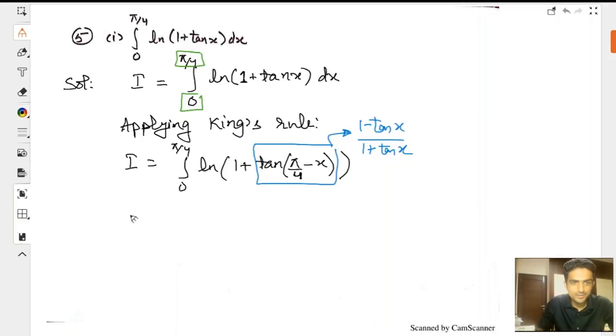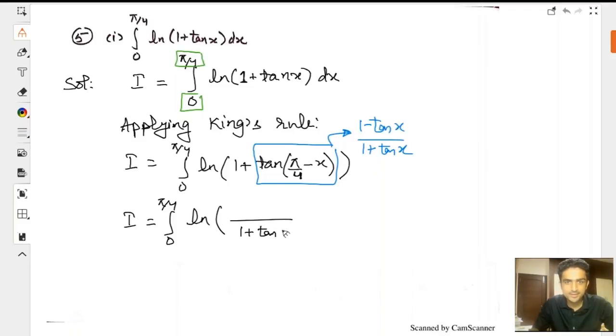So use this, just open up tan of pi by 4 minus x. Now taking LCM, you will get 1 plus tan x here. It goes up, tan cancels out, 2 here, like that. So this is something you have after King's rule.